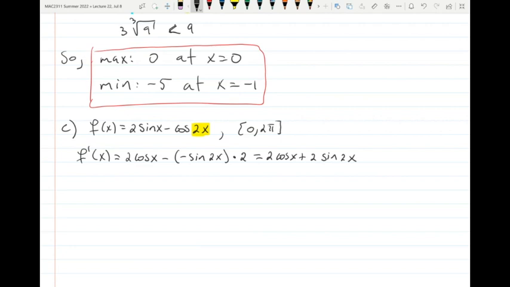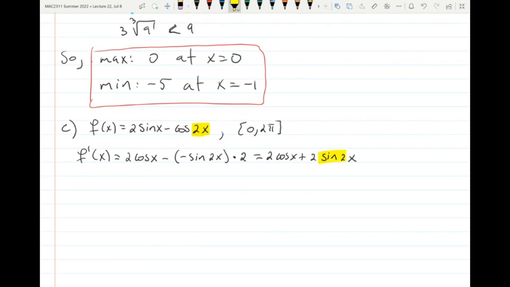Now, before I continue working here, I want to factor this. And it's not nice that we have a mixture of cosine and sines. So if we could do something about this, then we should do it. And here I'm going to use an identity.